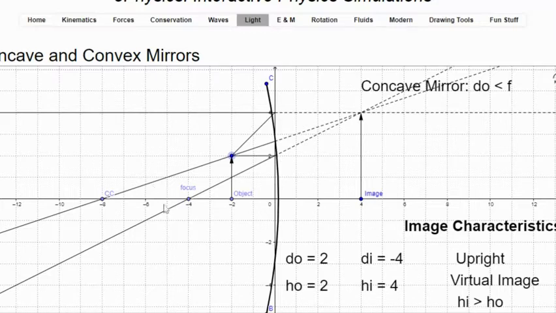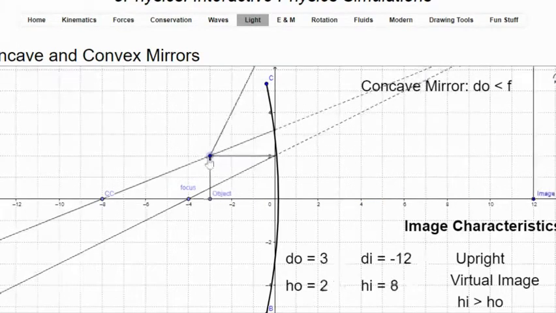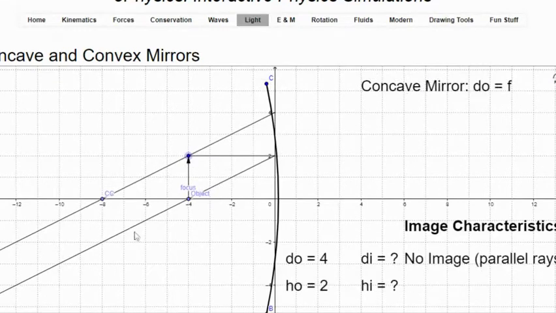See these two light rays over here? These are the actual reflected light rays. Now, they never actually intersect. The word we use to describe them is that they diverge. They move farther and farther apart. So they never actually intersect. But they are also not parallel, as they are when the object is at the focal point and there's no image.